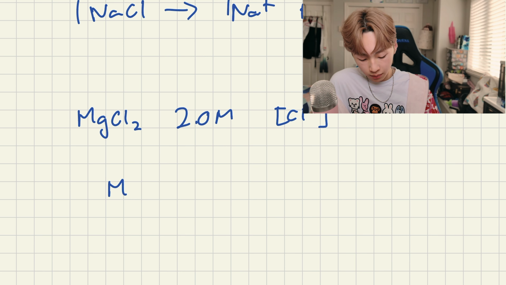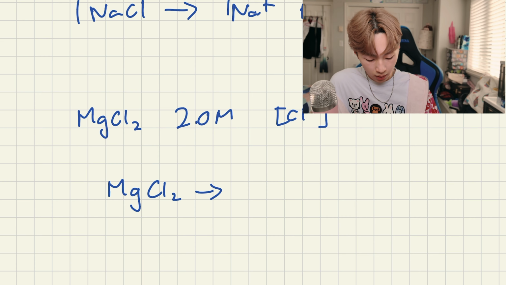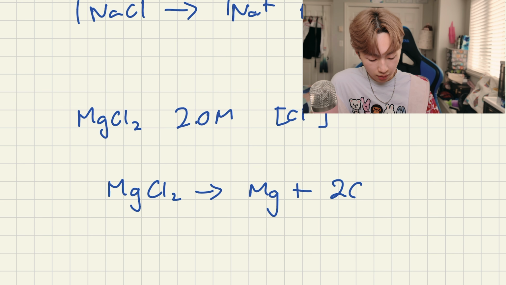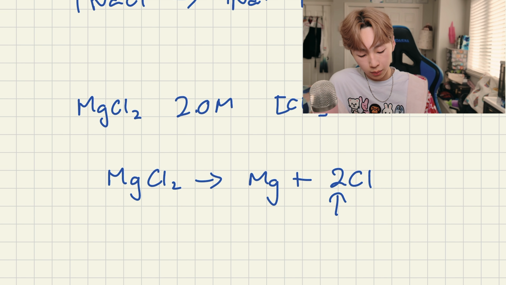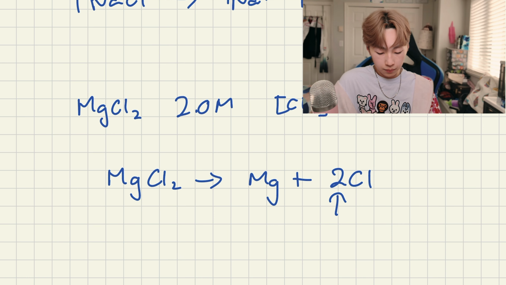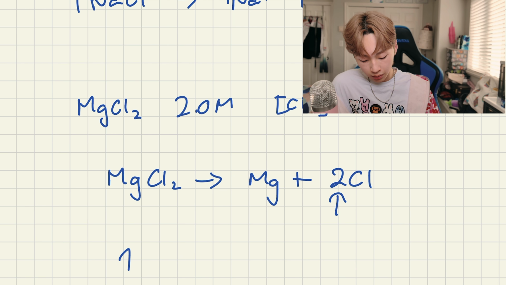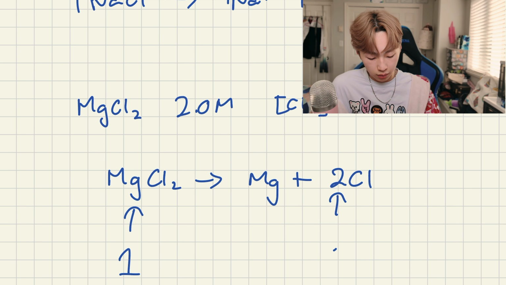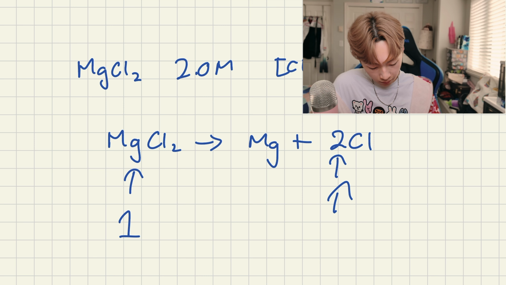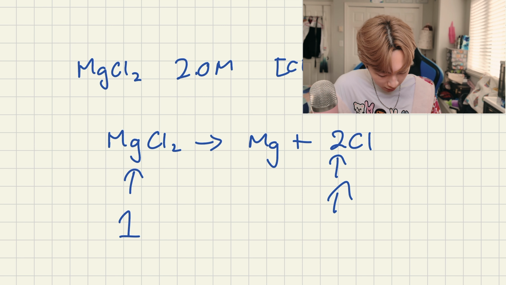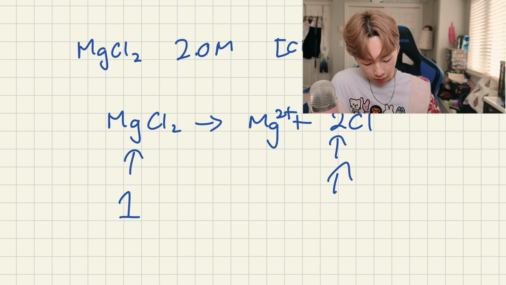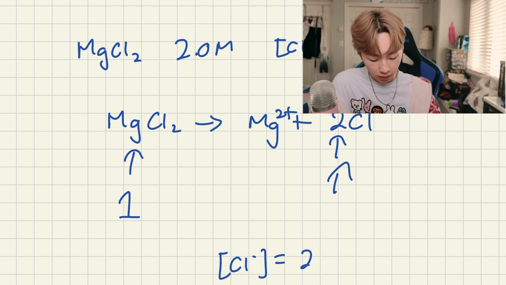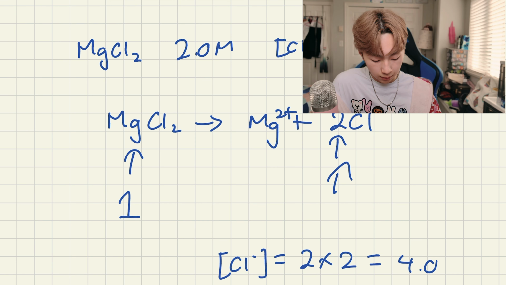We dissociate again, so MgCl2 is going to become Mg and 2 chlorines, and because you have a 2 here, we have to multiply the original concentration by 2, because for every 1 mole of our magnesium chloride, it's going to dissociate into 2 moles of chlorine. I forgot to write my signs. Let me write that. Okay. So our chlorine concentration is just going to be equal to 2 times 2, equal to 4.0 molar.